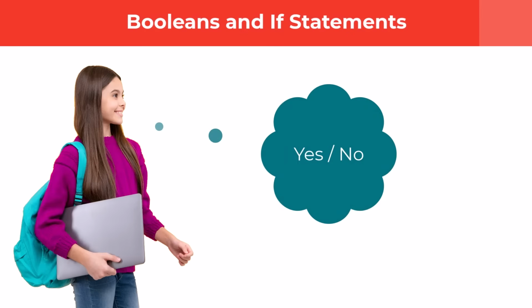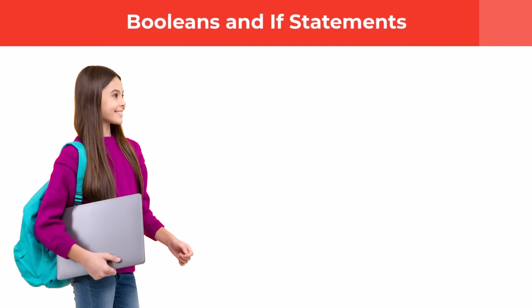It is basically binary, which simply means that it has either a true or false, or a 0 or 1 value. You might be wondering where this type of variable is used. It is used in a situation where we have to say whether something is on or off. So let's have an example.